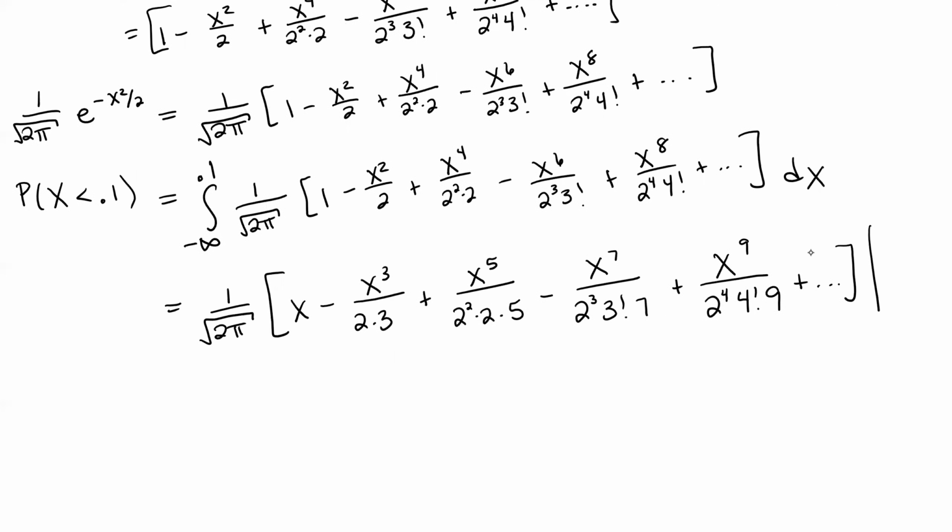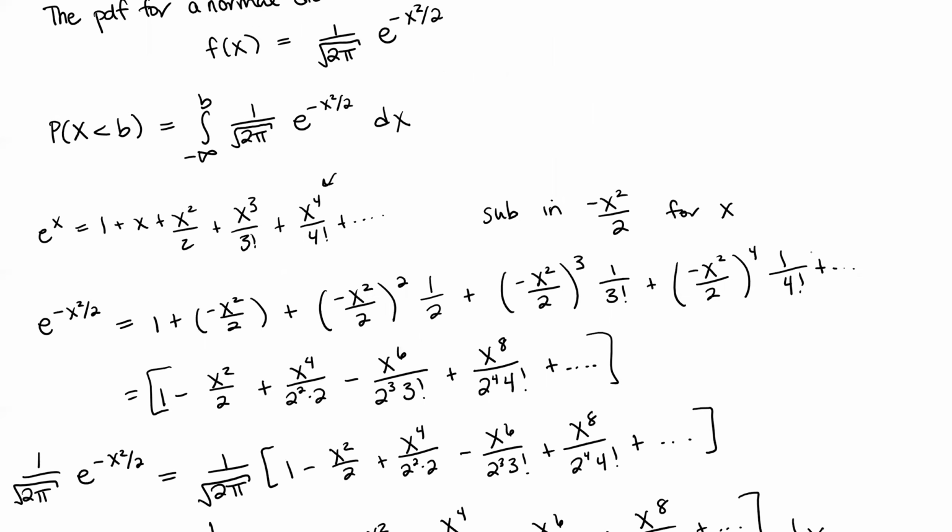And then we'll evaluate that at negative infinity and then our value 0.1. Okay, so from here on out, it's just pretty straightforward calculus and limit taking. And so we can see how this all would work.